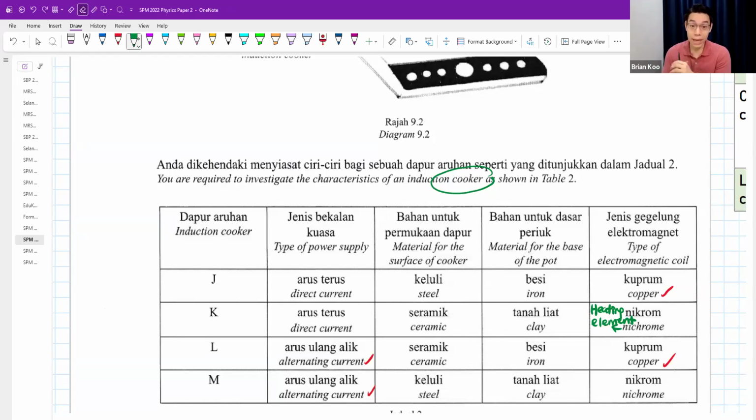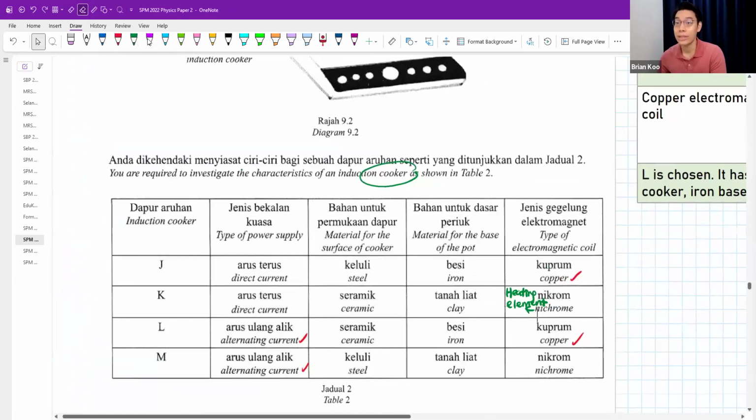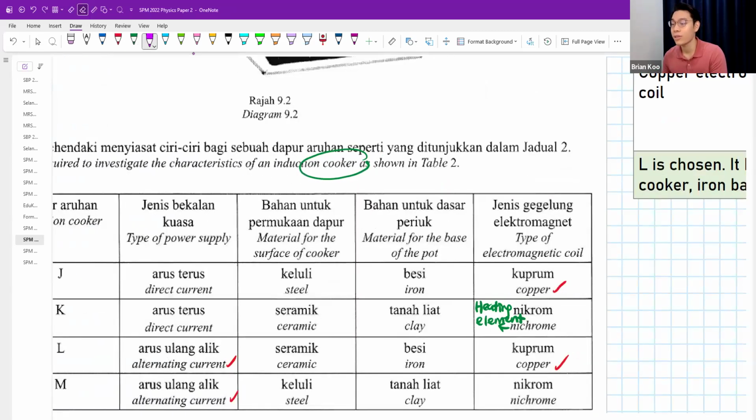Copper shouldn't become hot. Because why, guys? When I say type of electromagnetic coil, I already am trying to tell you this coil, this wire, is not supposed to be hot. It is not a heating element. The job of this coil, this wire, is just to produce very strong magnetic field.